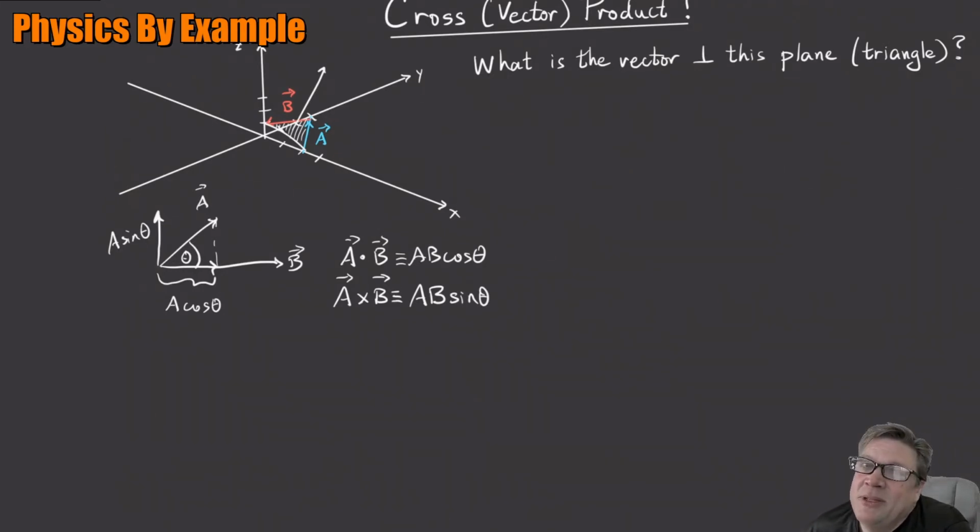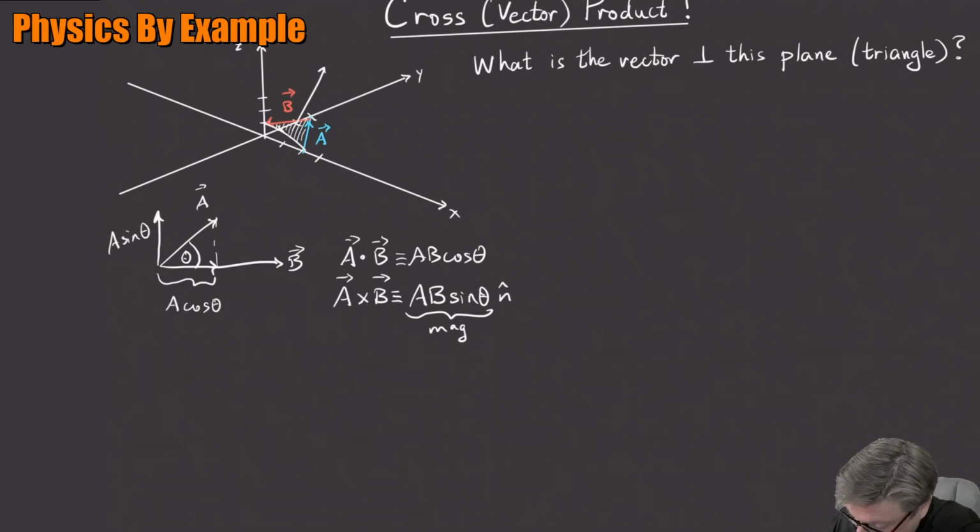Except there's one more little piece. It's useful that what we get out of this is a vector and not a number. So this is the magnitude of the cross product. The direction of the cross product is going to be normal, perpendicular to those two vectors.